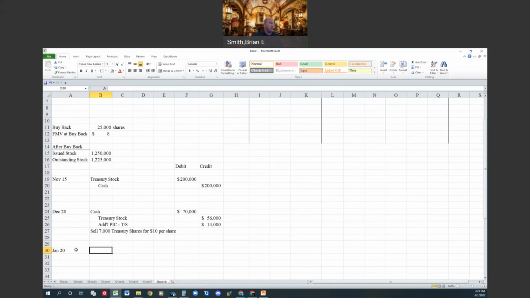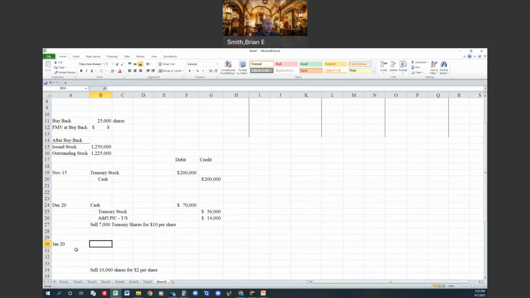We're going to sell, let's do 10,000 shares, 10,000 shares for $2 per share, okay? And this is something that does happen, all right? That companies will sell and do this with their executives.